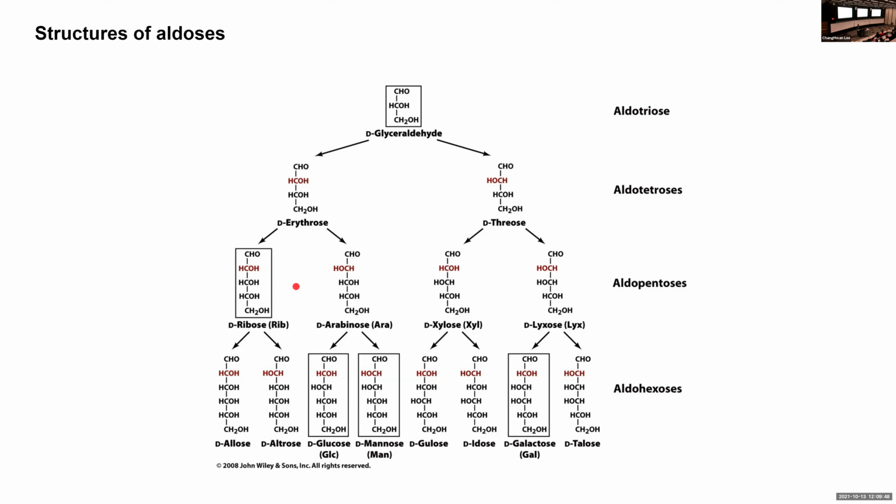When you look at ribose, you should be fairly familiar with it because it's a component of RNA, and DNA too, if it loses one hydroxyl. Let's compare ribose and arabinose.